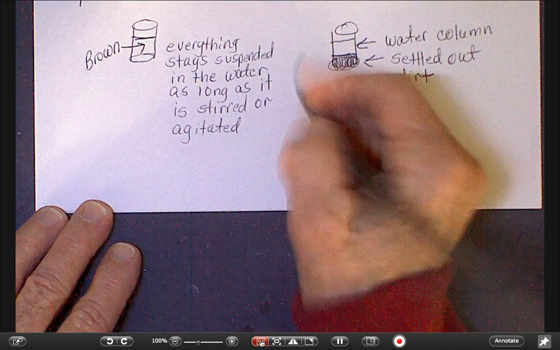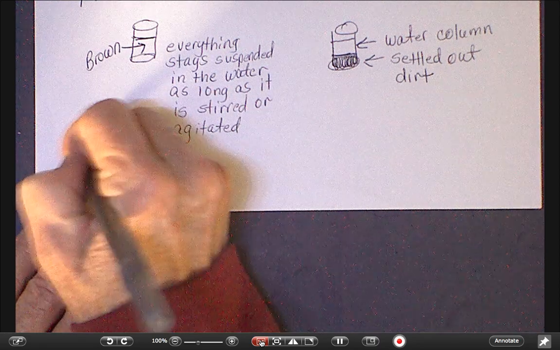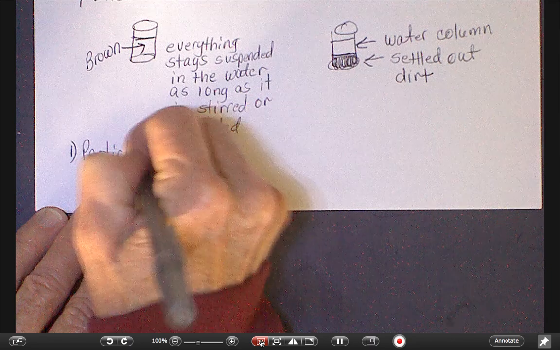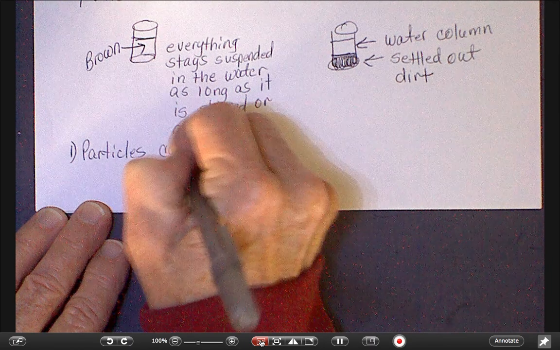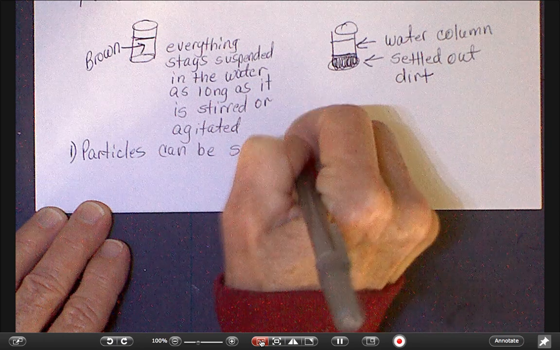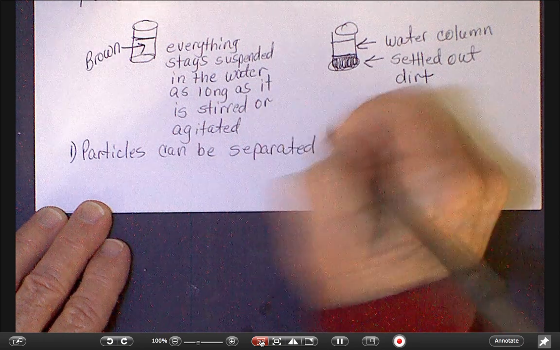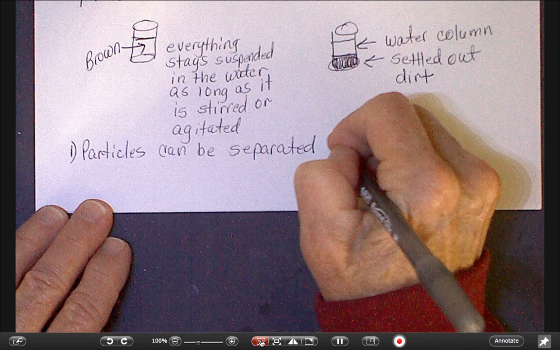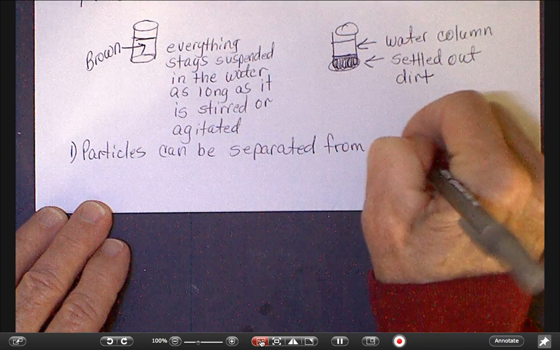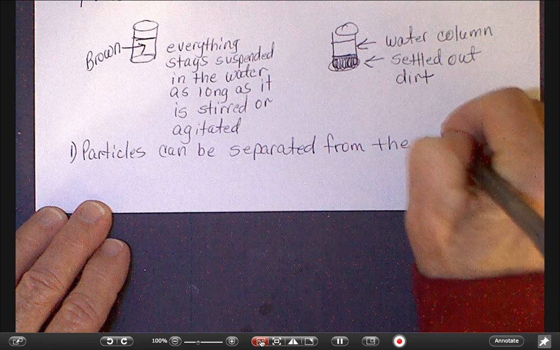Okay, particles can be separated from the solvent by what?